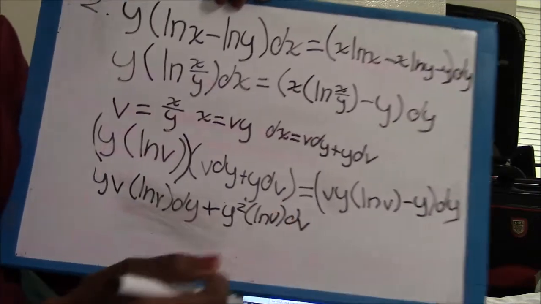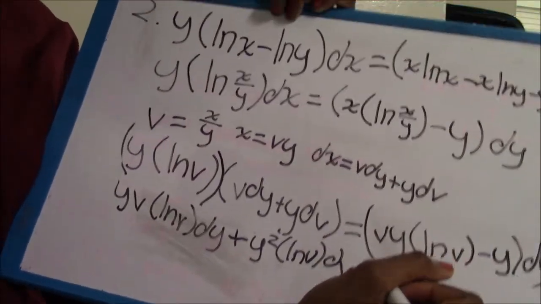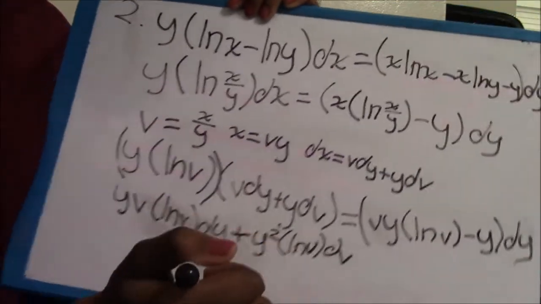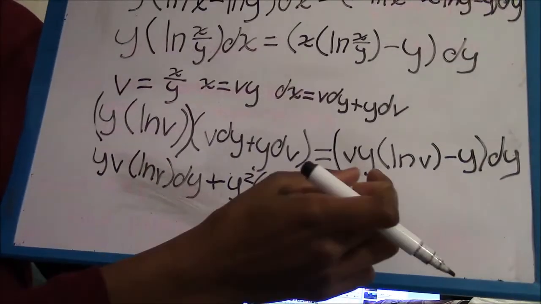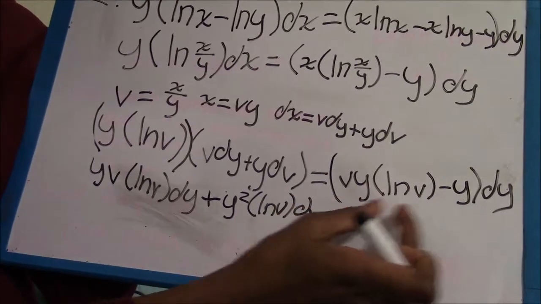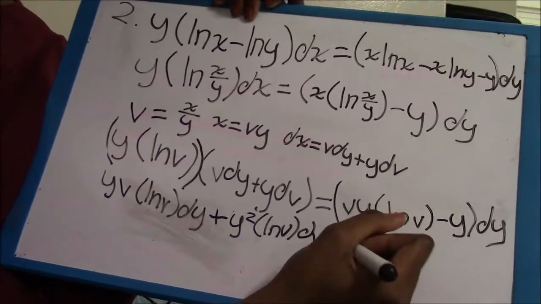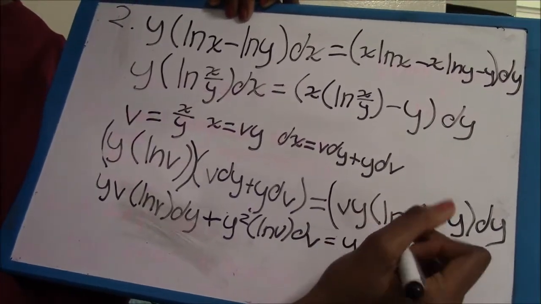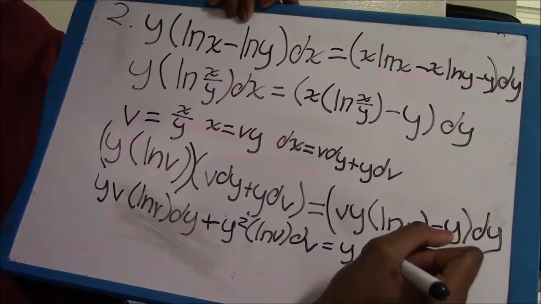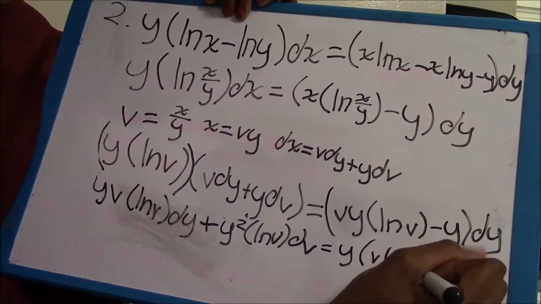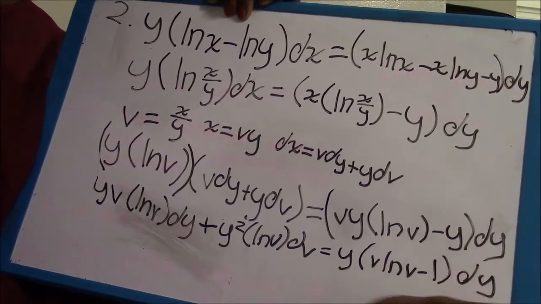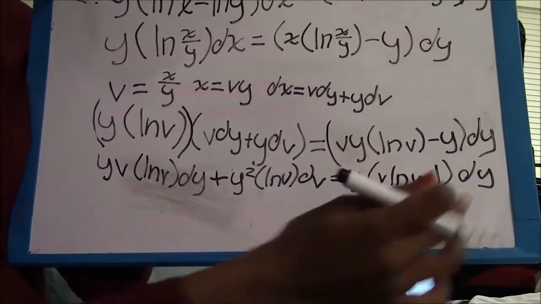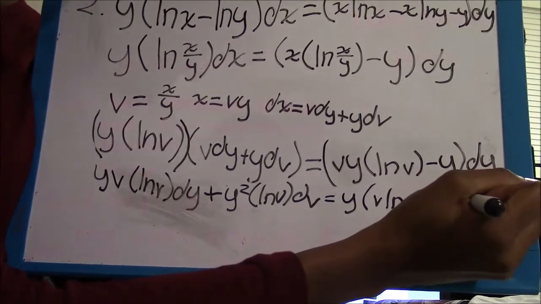So then, looking at this over here, we don't really need to simplify much, but we see that we have a v in both, a y in both terms, so we could take out that y. So it could be equal to y times v ln of v minus 1. And of course, all of that is still multiplied by dy. Sorry, that looks like a 6.